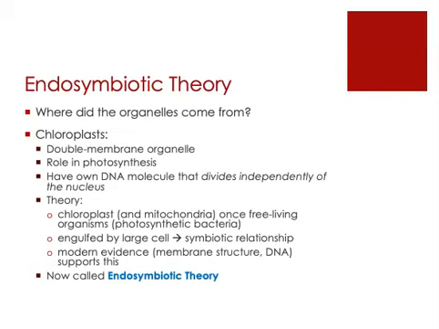And we'll take a look at a picture of this in just a minute. The second piece of evidence is the fact that both chloroplasts and mitochondria have their own DNA. That certainly suggests that they were once independent, free-living cells.